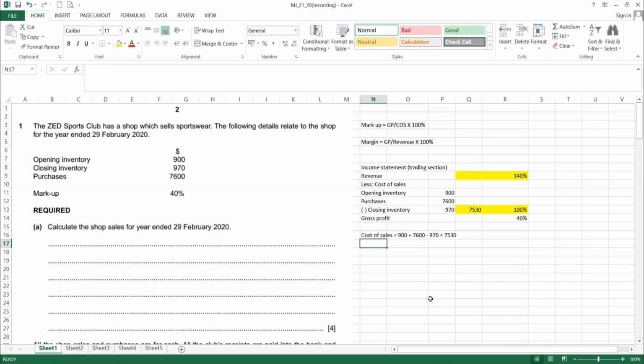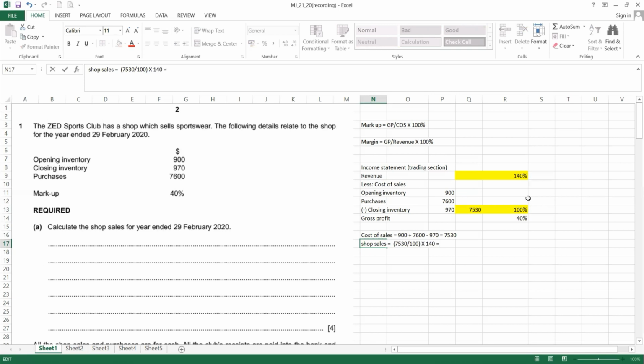Then shop sales is the amount we need to find, and we know this is equal to 140%. Using the mathematical concept, we take 7,530 divided by 100% and then times 140%. So we will get the amount.